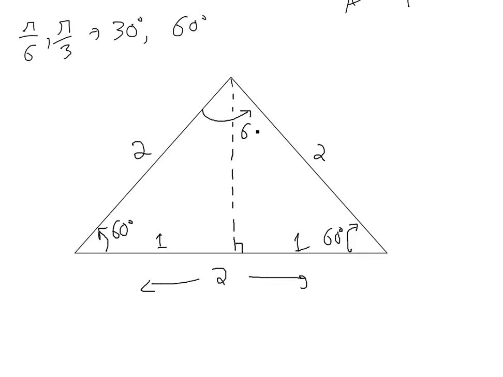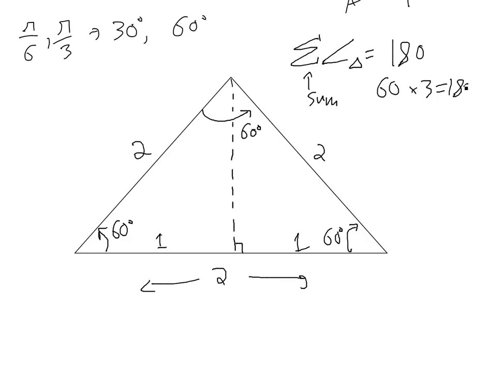You can see my other video on why: the sum of the angles inside a triangle equals 180. If all the angles are the same, 60 times 3 equals 180 degrees.